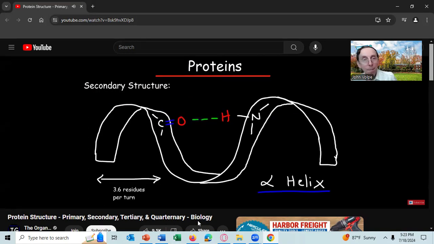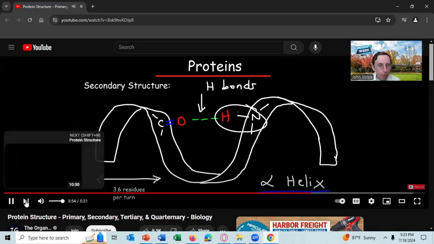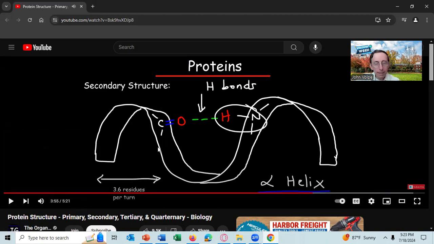The secondary structure describes the localized shape of a protein. And there's 2 of them that you need to be familiar with: the alpha helix and the beta pleated sheet. In the alpha helix, you can see that it's stabilized by hydrogen bonds. The NH group of one amino acid interacts with the carbonyl group of another amino acid. All right, let me state that that's the main bond in the secondary structure.